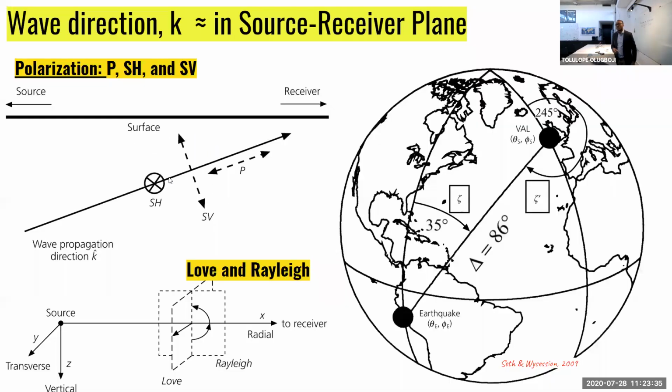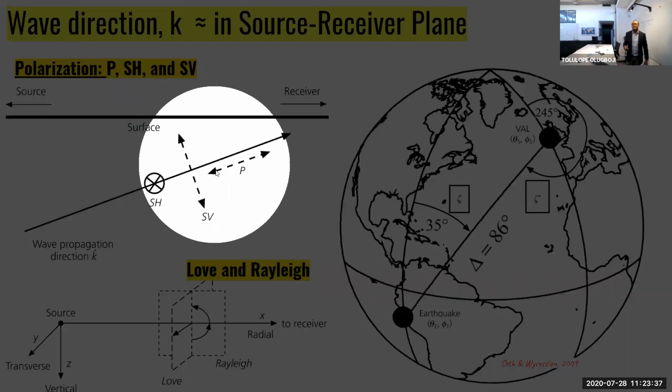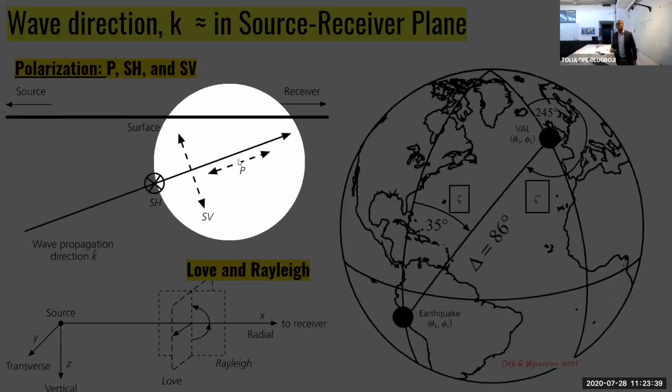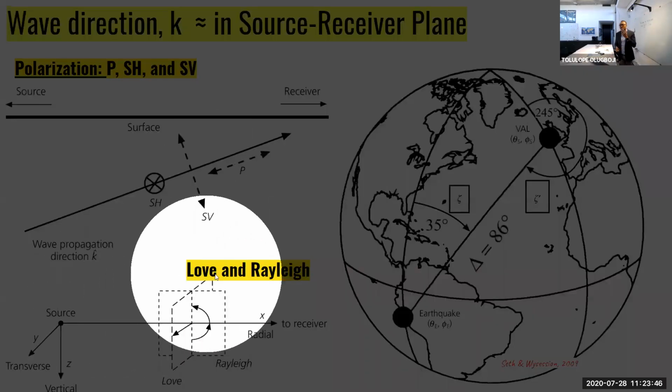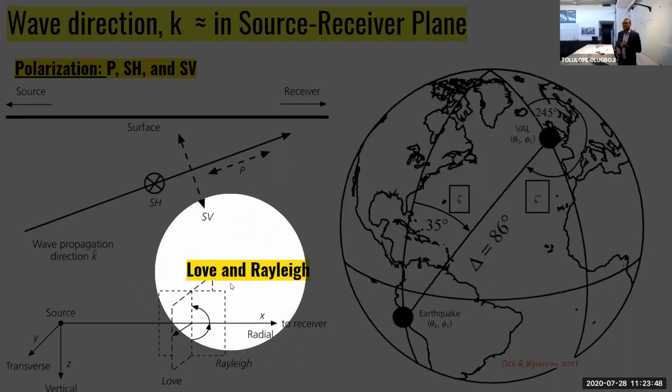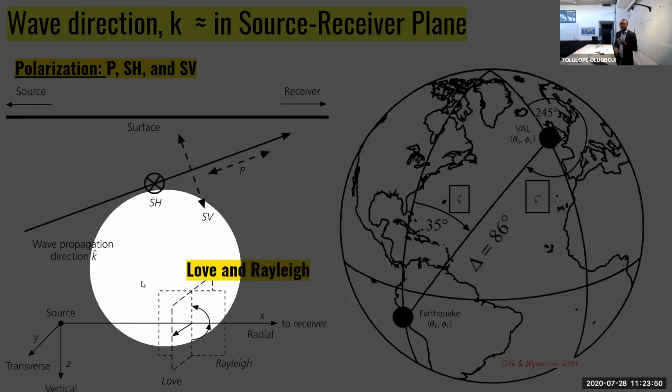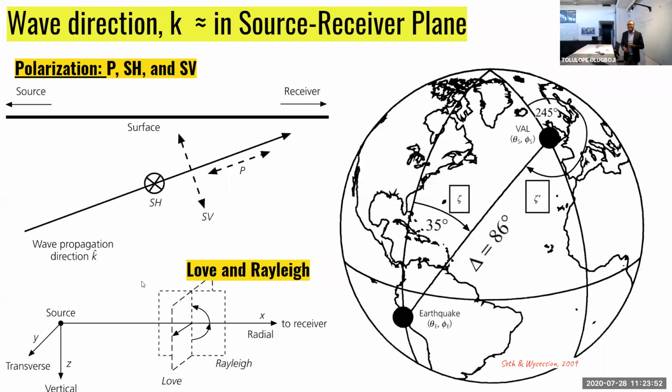You've got an SH wave, an SV wave, and a P wave, a compression wave, with those polarizations. On the surface of the Earth, we've got two types of surface waves, Love and Rayleigh. Essentially, these two surface waves are trapped on the surface of the Earth, so the amplitudes decay as you go radially into the Earth.